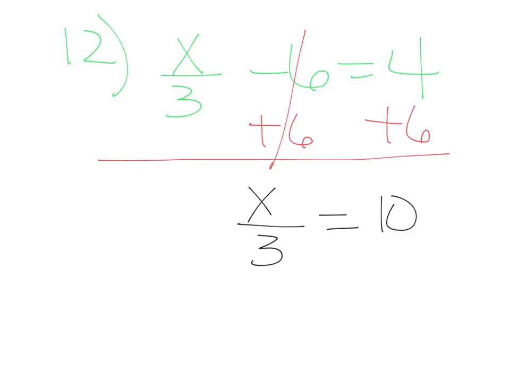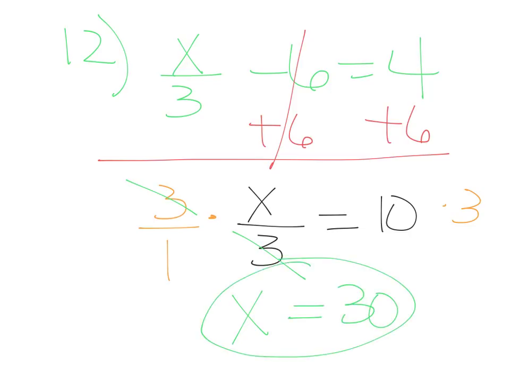Okay, I'm going to now multiply both sides by 3. Some of you like to say it's 3 over 1, that's fine. And the 3's cancel, and I get x is equal to 10 times 3 is 30. Problem 13.